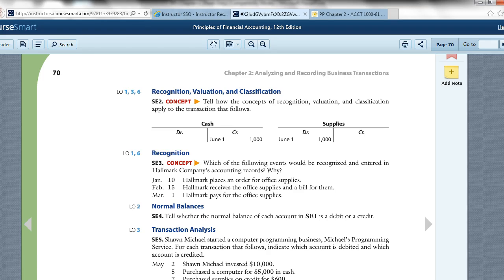What's the when here? Valuation is the how much? $1,000. Classification is, it's an increase in supplies because it's a debit. It increased supplies and we decreased cash. Does that make sense? Okay.